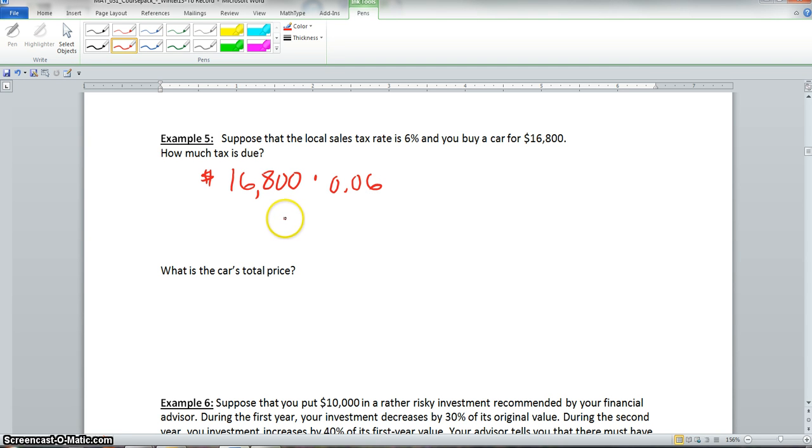Now, there is a formula that you could use. You could write down, well, I could put this as equals X. But what you could write this down is sales price times sales tax rate, oh, actually this is supposed to be sales tax rate, not just sales tax.